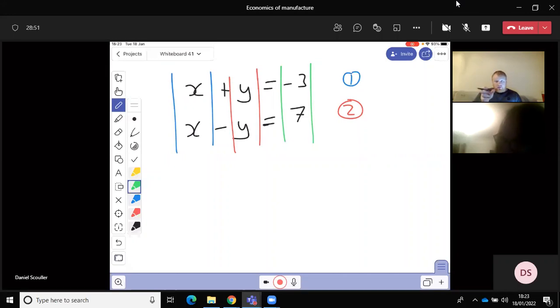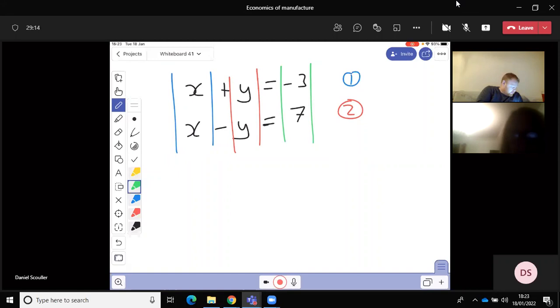Write the x's above each other, the y's above each other, and be conscious of the signs in between. We want all in a nice row, because we're going to try and eliminate one of those letters.